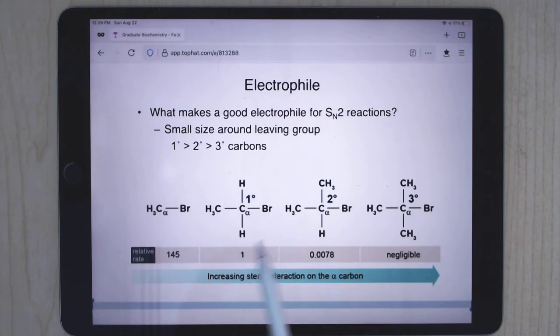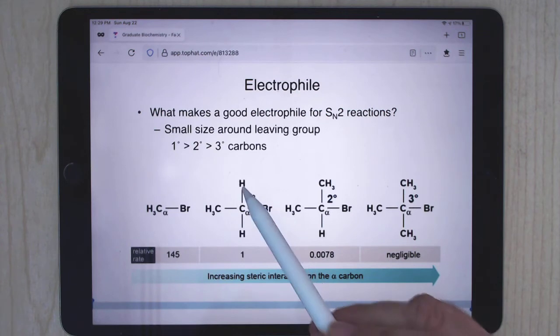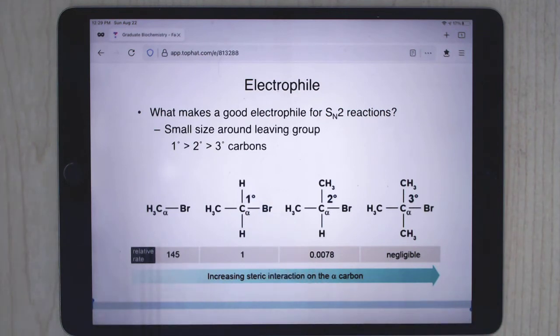But for the most part, we're going to be working with primary halides. Okay, so the carbon that's holding onto the leaving group is a primary carbon. That means you've got two hydrogens around here and another group, and so it's going to be as easy as it gets. Secondaries aren't so bad, so they will work. They're just going to be a lot slower than primaries.